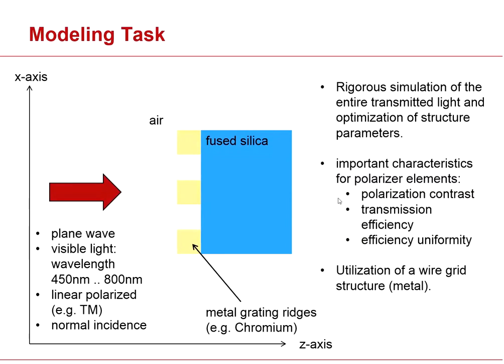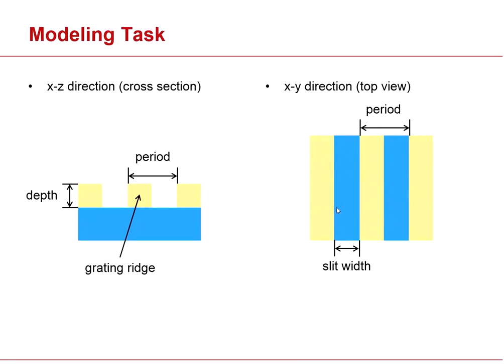We want to optimize this grating, and here again the three parameters with the depth of the grating and the slit width of the grating. And the period is already fixed.